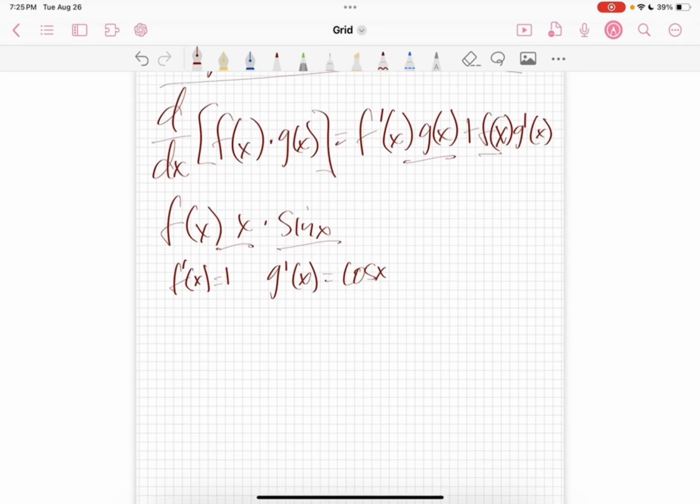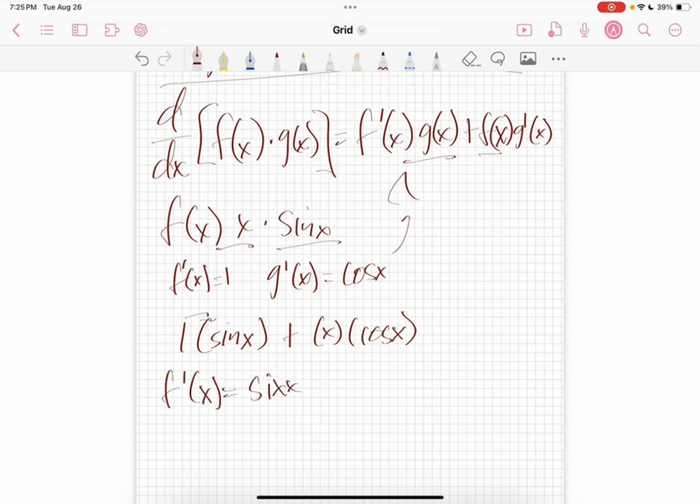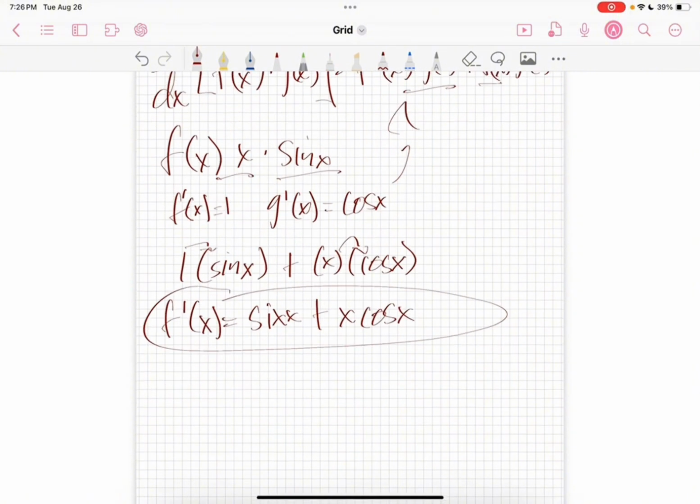And then we just plug it into our formula up here as 1 times sine x plus x times cosine x. And our answer will look like this. f prime of x equals sine x, which is 1 times sine x, plus x times cosine x, which is x cosine x. And that is our answer for example number 1.